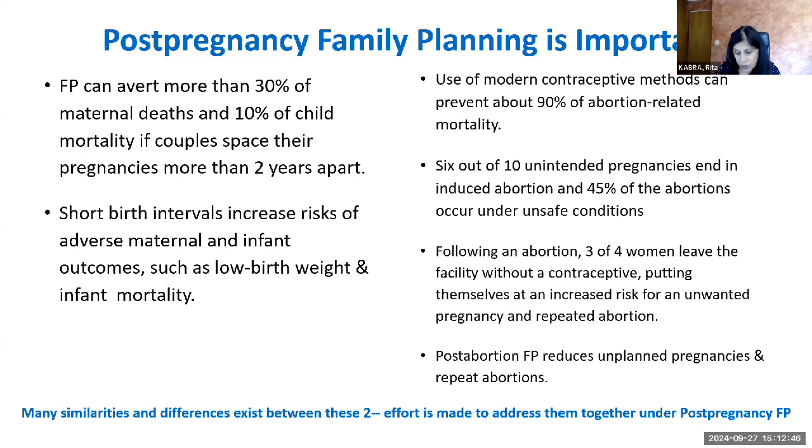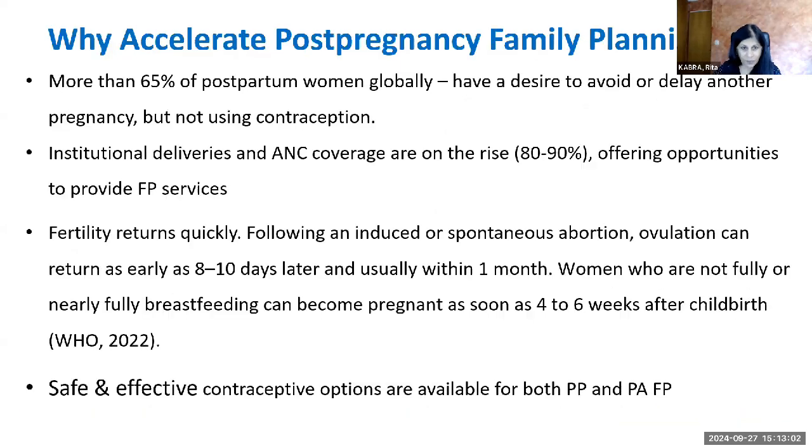Having said all this, we also know that a lot of abortions, especially medical abortions, are happening outside facilities, but we should not miss any woman who comes to the facility for an abortion, so that she does not go through it again. This is to say why we are focusing so much on post-pregnancy family planning. We know that 65% of women who have delivered want to avoid or delay pregnancy, but many of them are not using contraception.